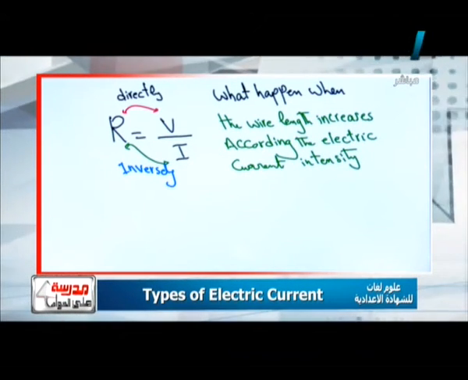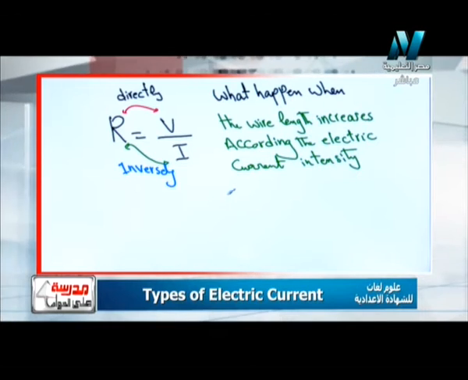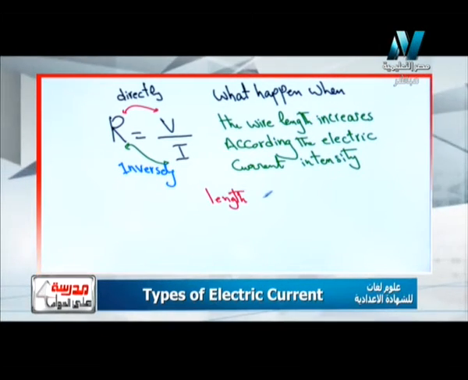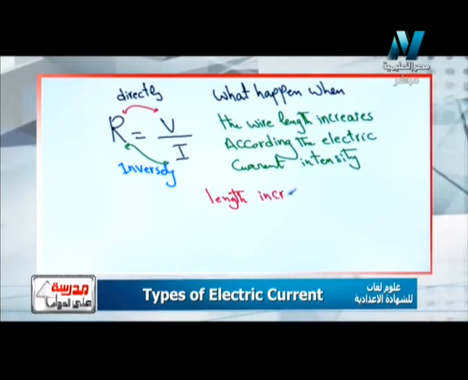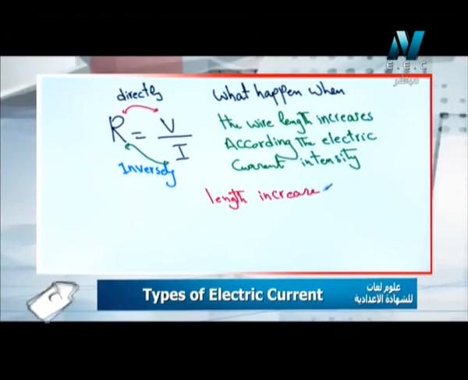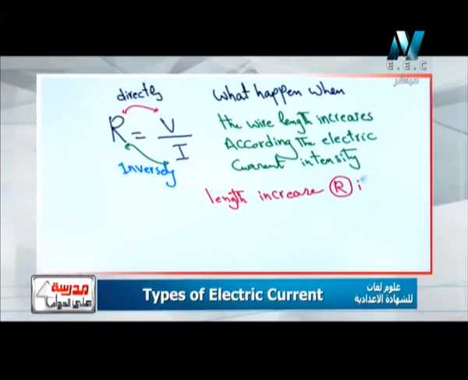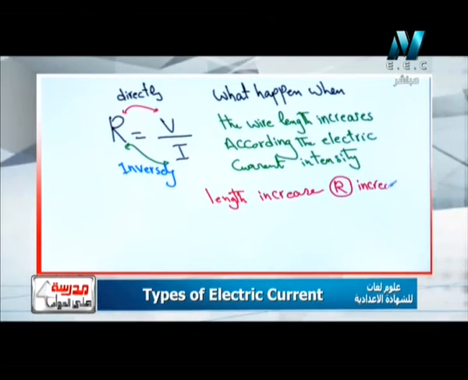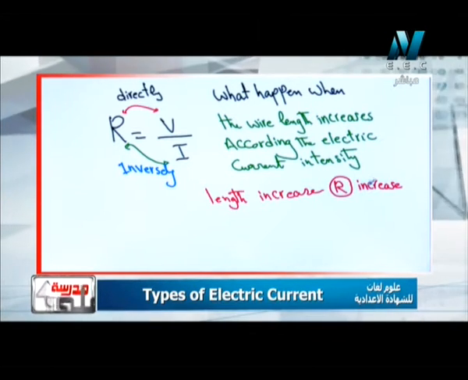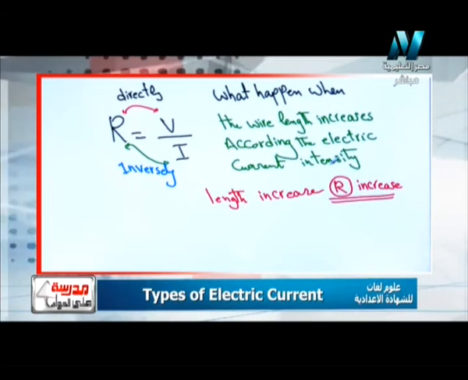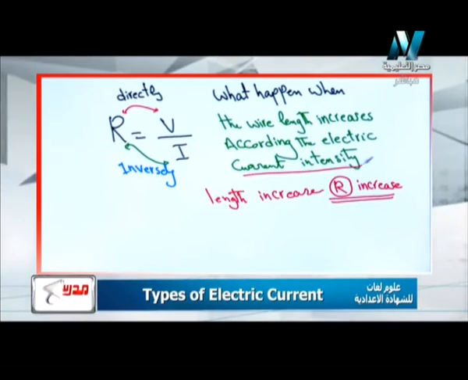Okay, so we know if length increases, don't we know this? Length increases, so electric resistance also increases, right? Directly proportional. He is not asking me about electric resistance in the question, he asked me about the electric current intensity.